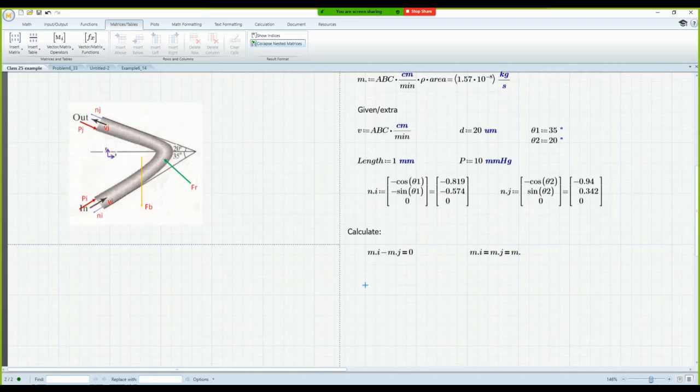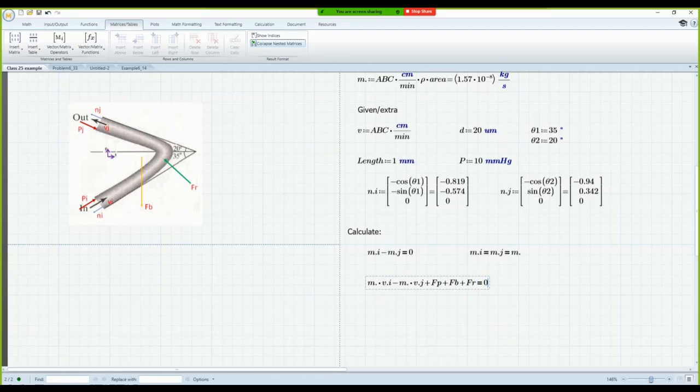So now let's do our momentum equation. We'll just do the linear momentum: m dot times v I, the velocity going in, minus m dot times v j, plus F p, which is the pressure forces, plus F b, plus F r equals 0.